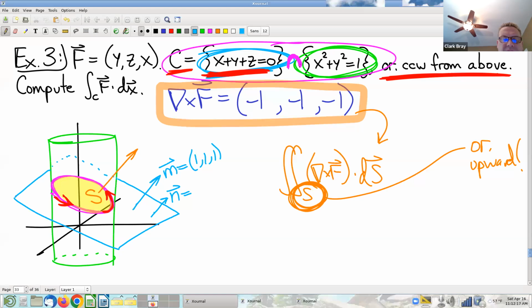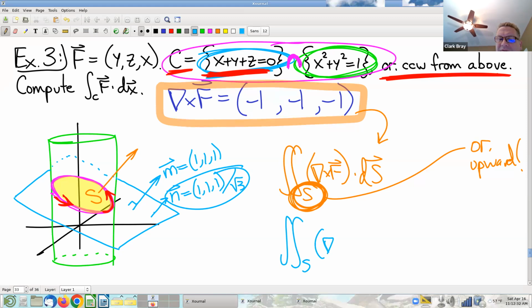That is normal to the plane after all. And then I can make that a unit vector by dividing by the square root of 3. Now we've got a unit normal vector. And then I can say, and this is totally fine, that I've got curl dot little n dS. This is perfectly legal. No problem.